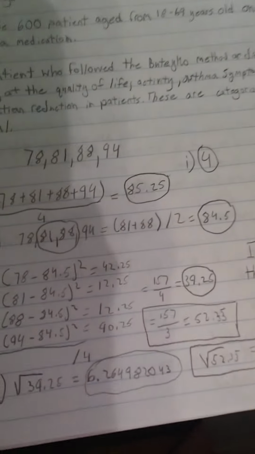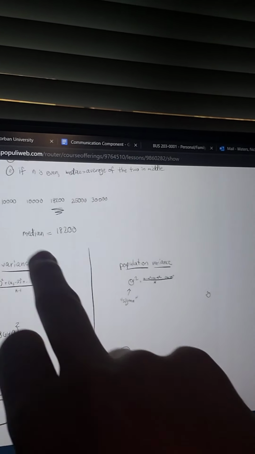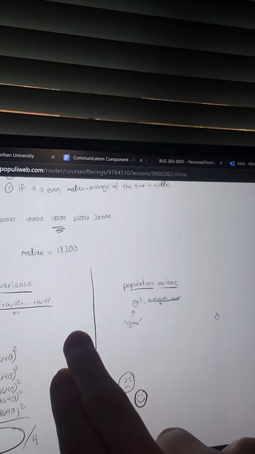Then after that, you have to figure out your sample variance. Over here in the class notes, you can see the formula for sample variance right here. We did this in class.